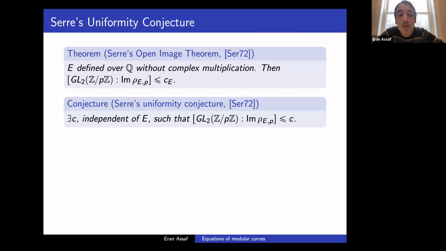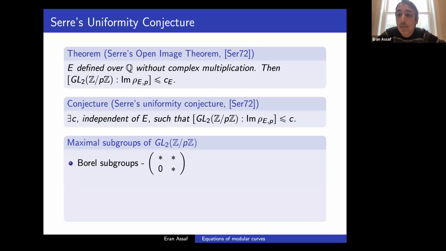Serre's result says that we have a bound on the index of the images of these representations, and this bound does not depend on the order of the torsion point. So it does not depend on the prime P here. It only depends on the elliptic curve. And the conjecture is that it does not even depend on the elliptic curve. So when you go over all elliptic curves, it's almost always surjective, and in the few cases that it is not, you can bound the index.